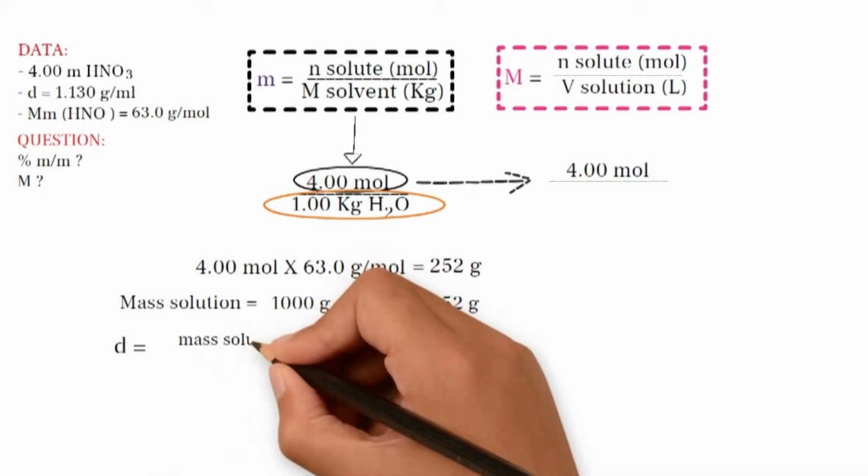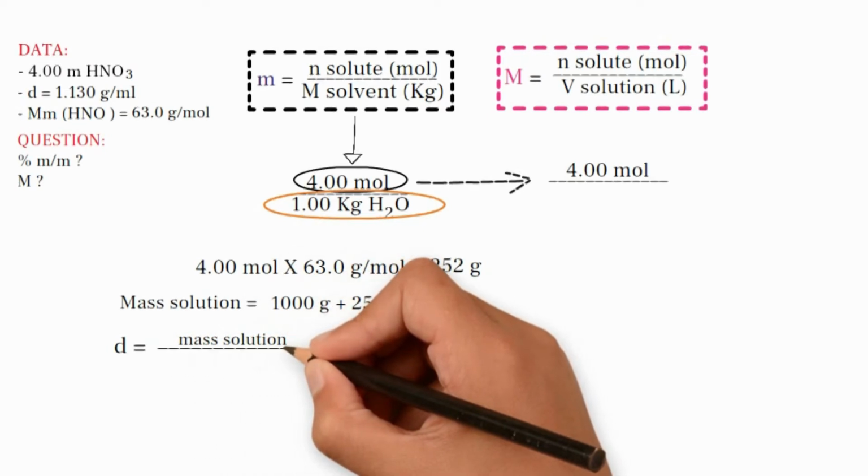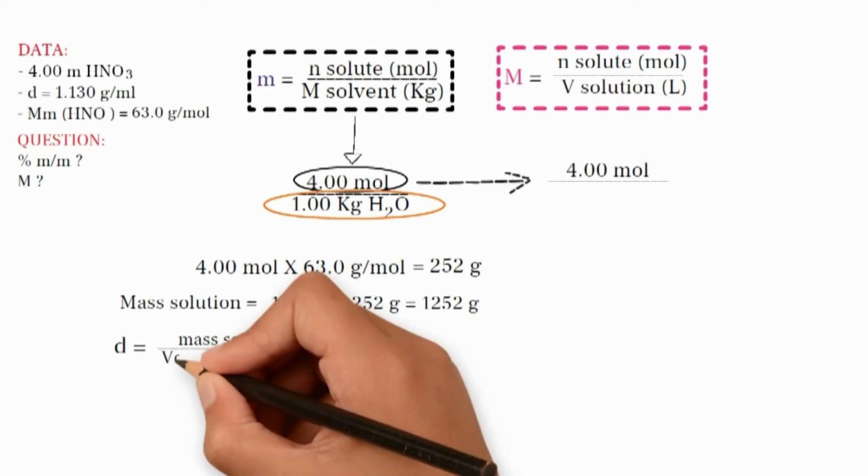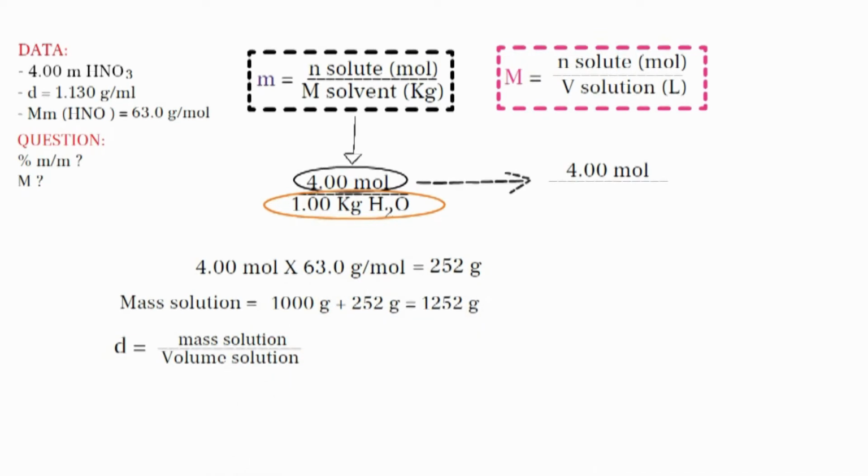Let's remember what density is. The density of solution is mass of solution divided by the volume of solution. Please, every time you have a density, try to understand what kind of density you have. Now we have the density of solution, okay? Density of solution means mass of solution divided by volume of solution.